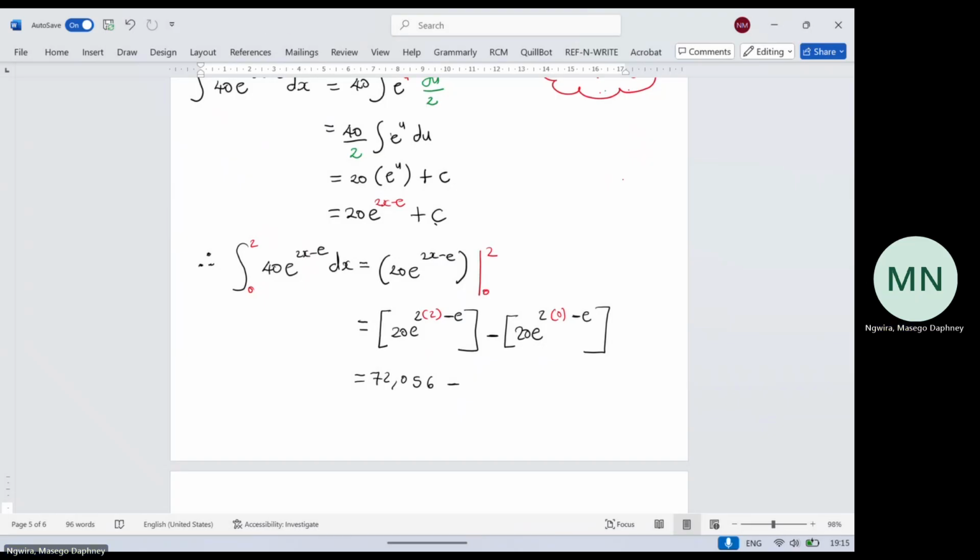Okay, and then for this one, sorry, you press alpha, then you'll see the e there. It's in pink.